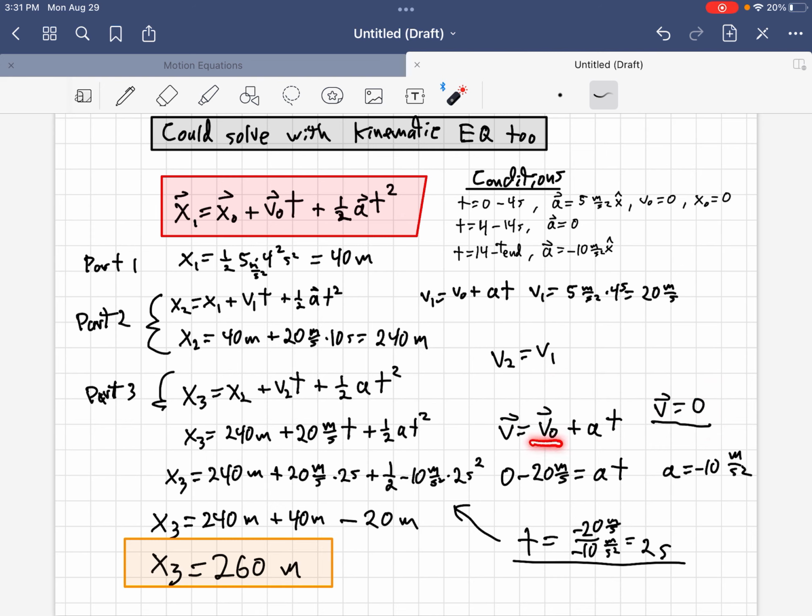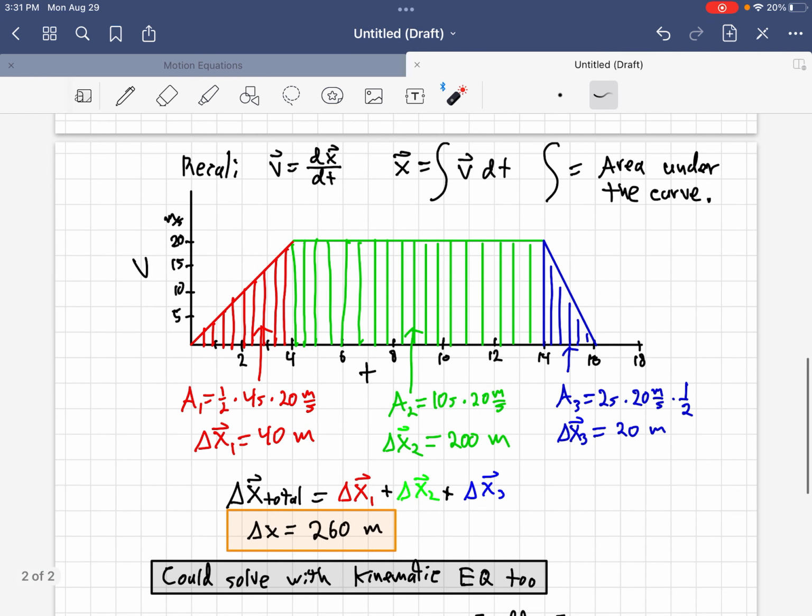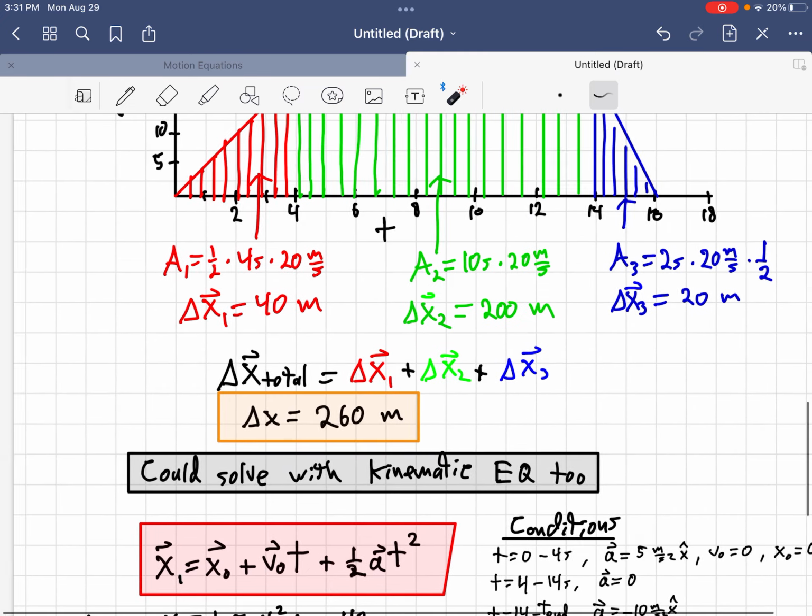And this is 20 meters per second, our initial velocity. So we move this over to the other side, and we have 0 minus 20 meters per second is going to be our change in velocity. And then acceleration is negative 10 meters per second squared. We divide both sides by the acceleration. So we have negative 20 divided by negative 10. It's going to be 2 seconds. Like we saw up here, this braking period lasts for 2 seconds.